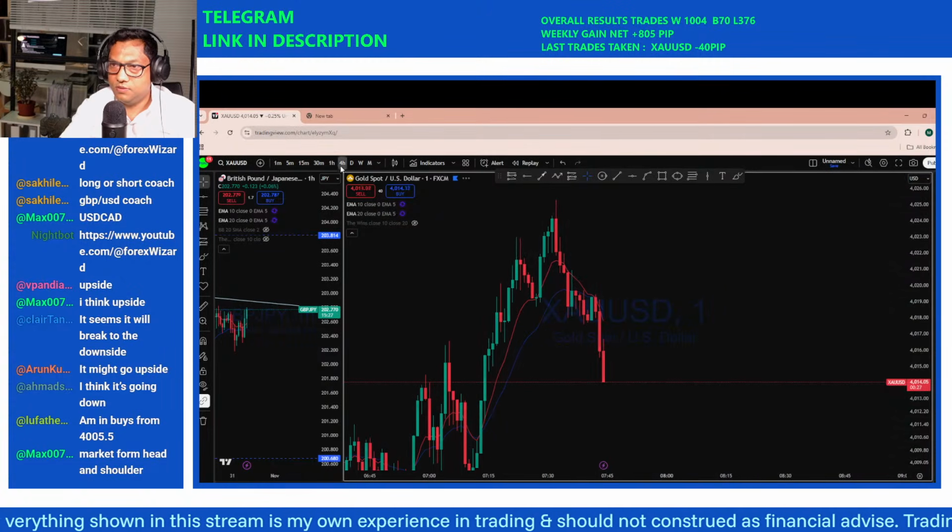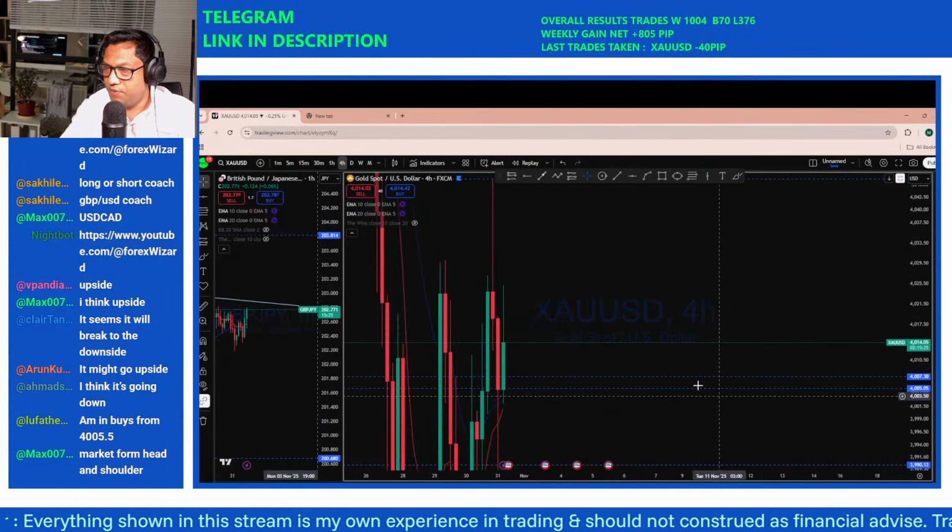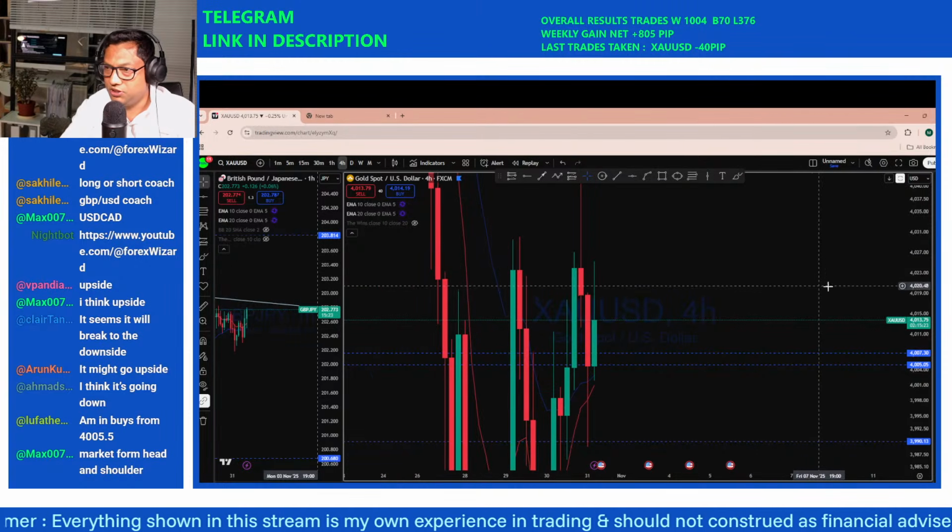Now that might bring the price back below to this support level.